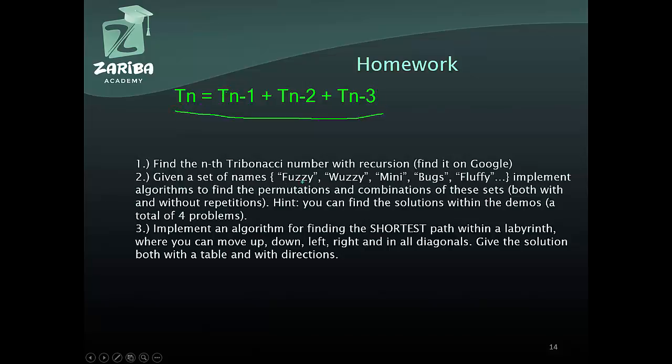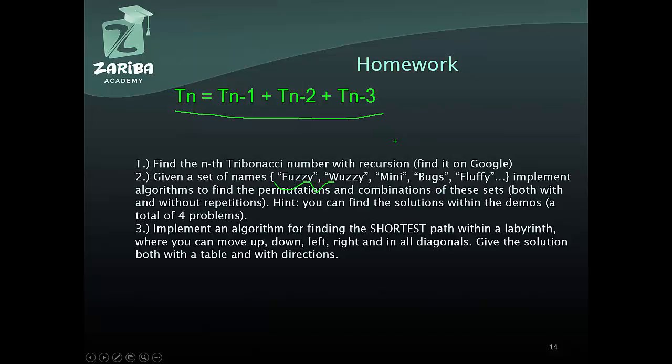After that, you have to generate all permutations and combinations of these sets, both with and without repetition. So we have a set of some strings that you have. It's not numbers now. You don't have a start and an end.